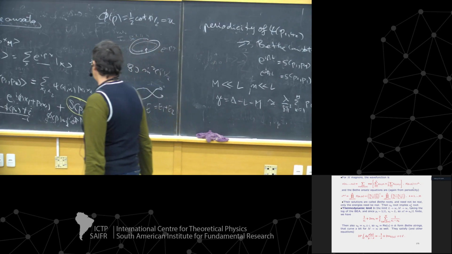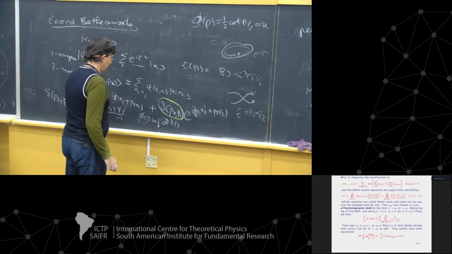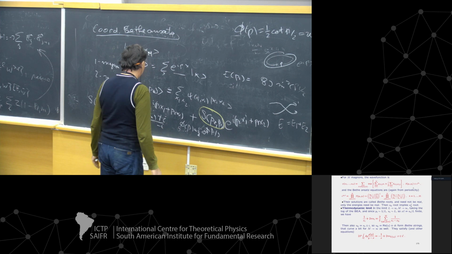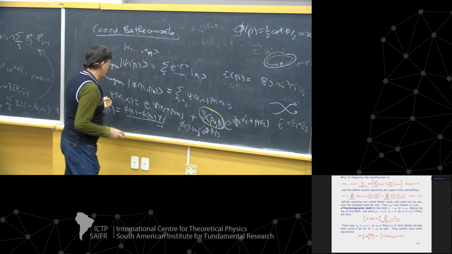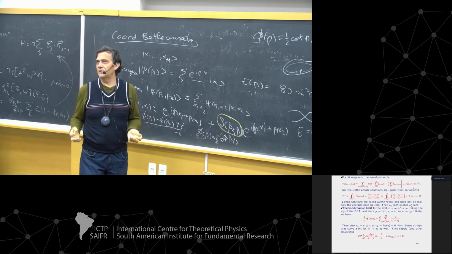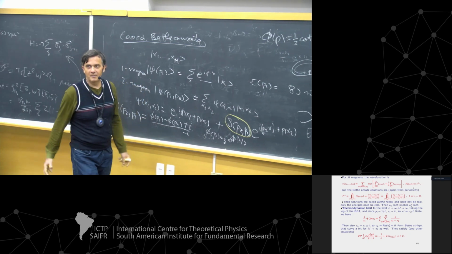So I could write it in this form, but it's easier since the wave function can always be multiplied by a phase. It will not change the probabilities.